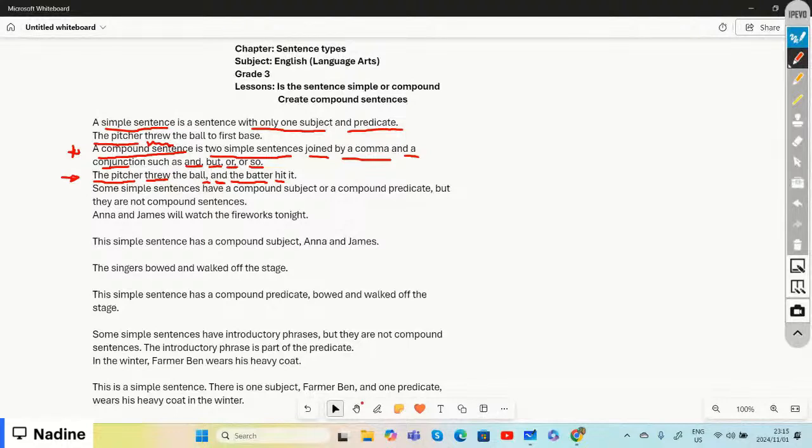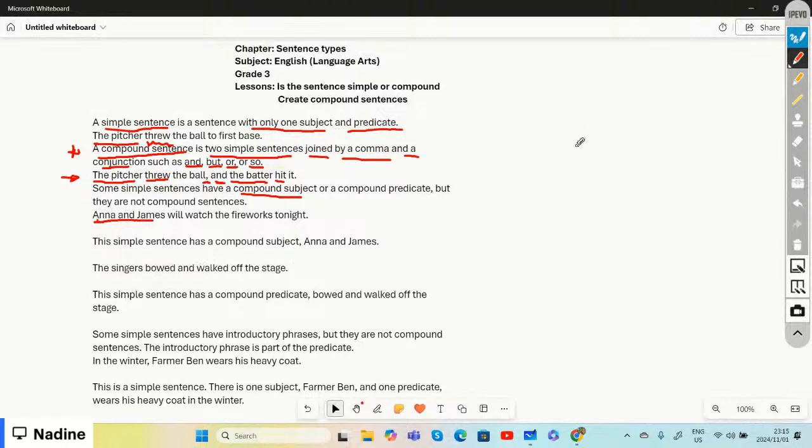And some of our simple sentences have a compound subject. A compound subject is where we have two subjects, for example: Anna and James will watch the fireworks tonight.